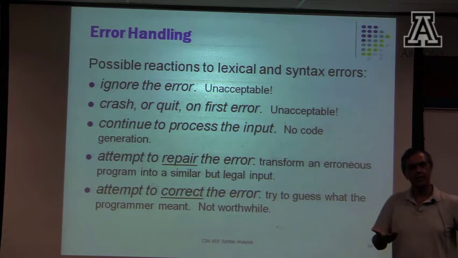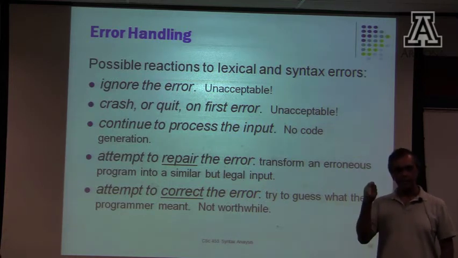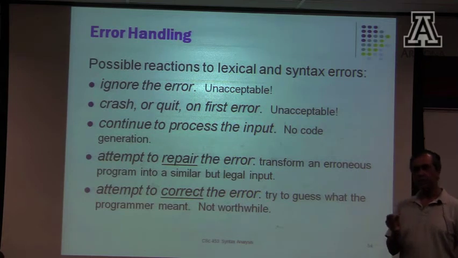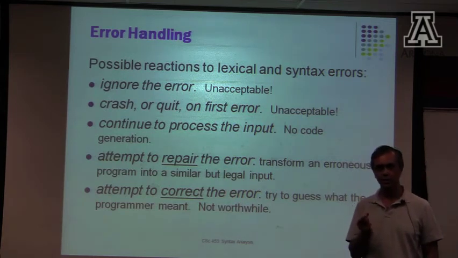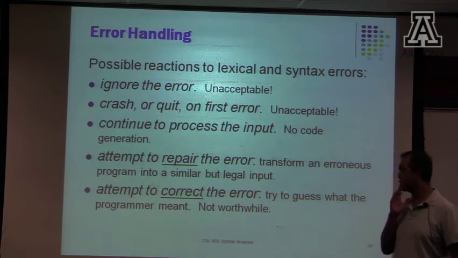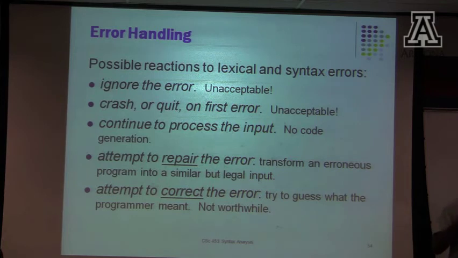That's what the syntax is: while, left paren, expression. And suppose the token you see is something in the first of expression. Now what an error-repairing compiler could do is tell the programmer, hey, there's a syntax error here. But it could pretend that it saw a left paren and keep going.